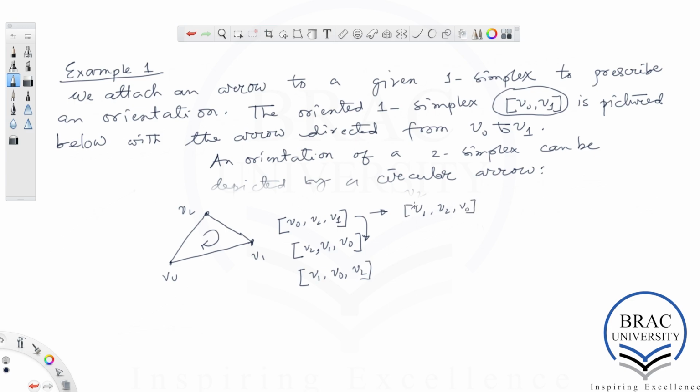And then again you permute v2 and v1 to have v2, v1, v0, and that way you reach here. So it's an even permutation.